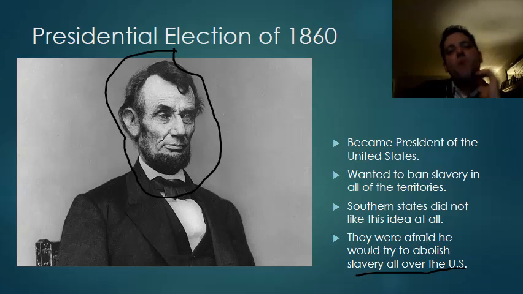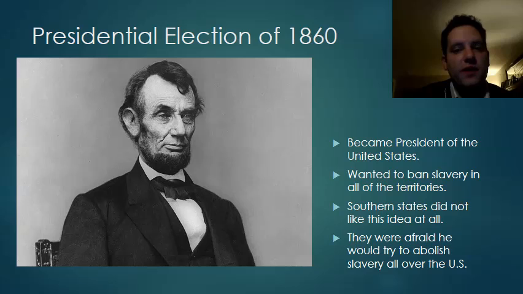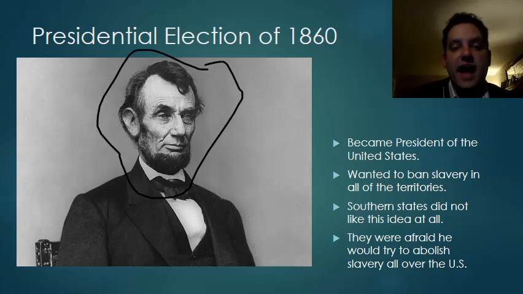And so more states and territories were free and did not allow slavery than in the South. And so the people in the South thought slavery would die. So what happens when he becomes president and they think he's going to outlaw slavery in the South, which he eventually does do? The South is going to say, we're not going to allow this. And you have states in the South start leaving the United States.